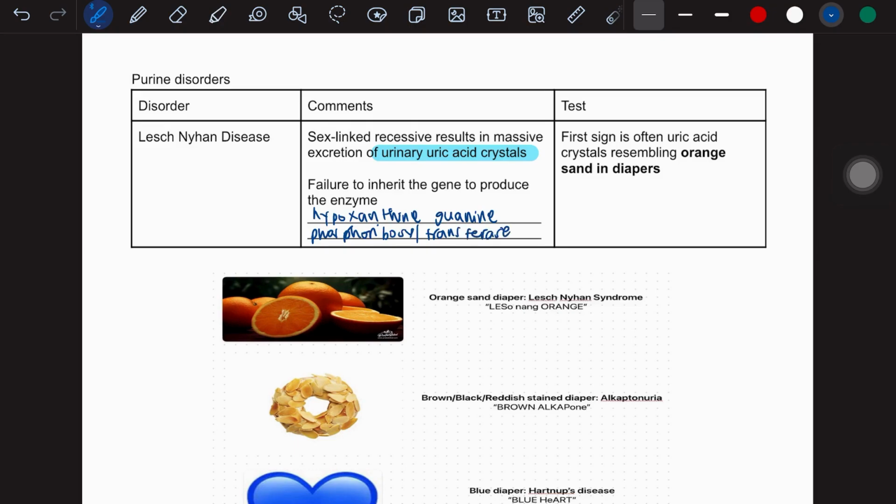The first sign is often uric acid crystals resembling, take note, orange sand in diapers. Many of us have gone through these diaper discolorations a while ago.